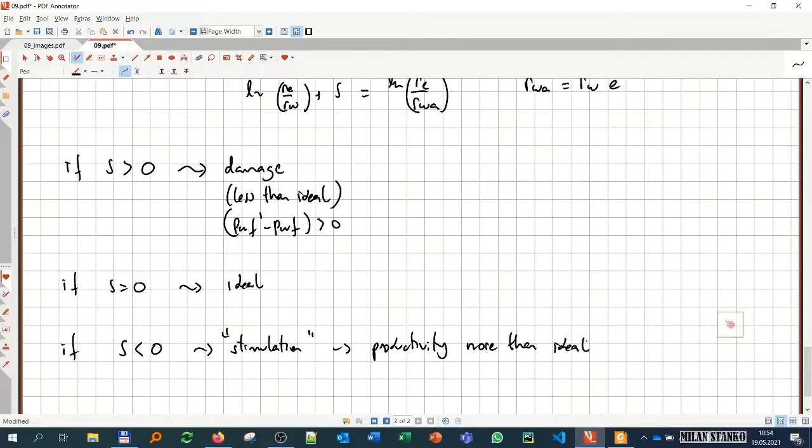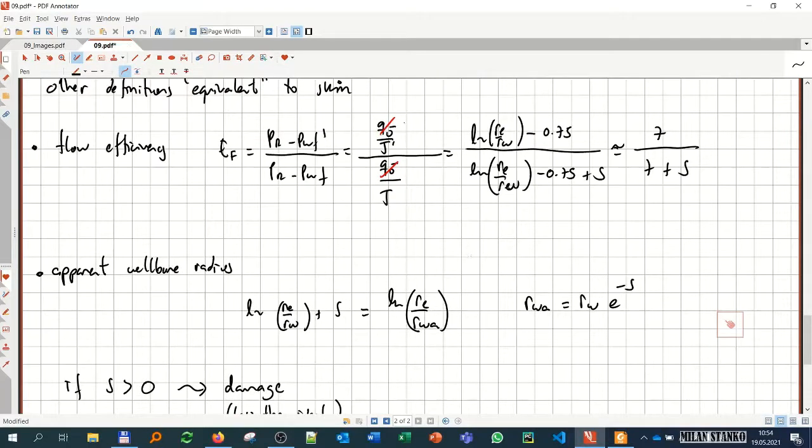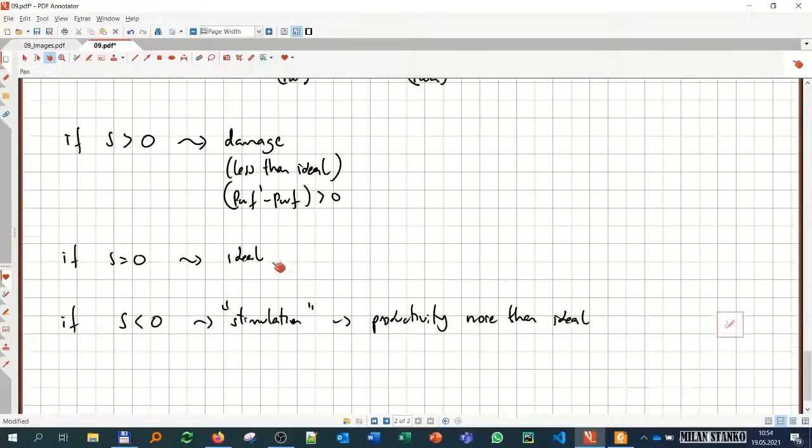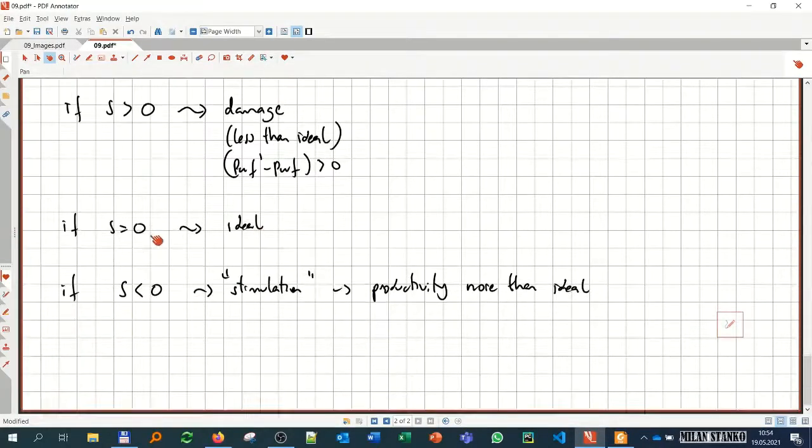The same thing follows for the efficiency: if S is negative, the efficiency is going to be more than 1. Also the wellbore radius, if the skin is negative, is going to be bigger.